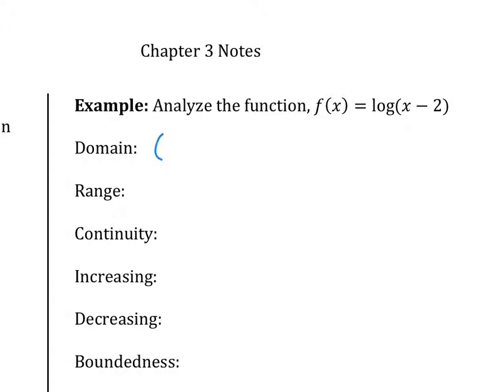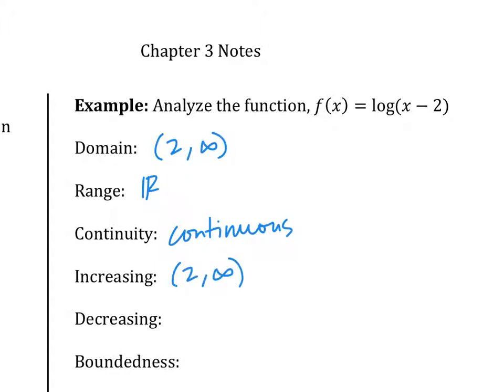Yes, greater than 2. So 2 to infinity. Trey, range. Andy, continuity. Continuous. Josh, increasing. 2 to infinity? Yes. Evan, decreasing.